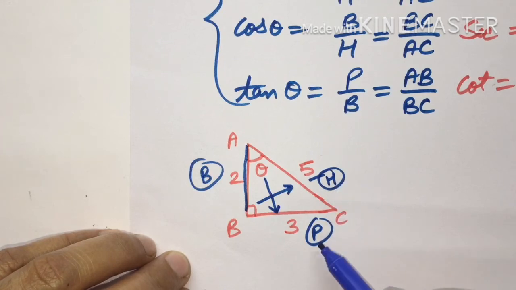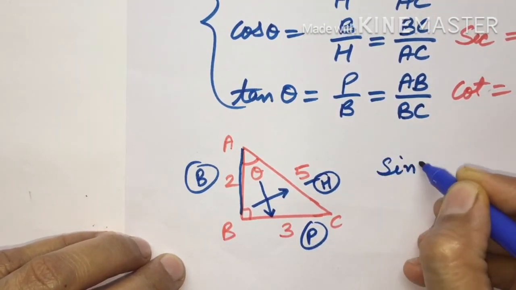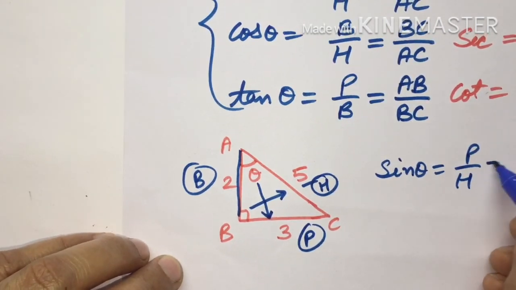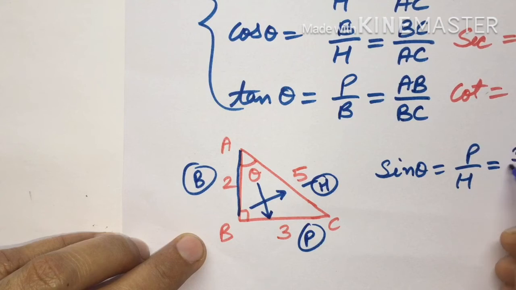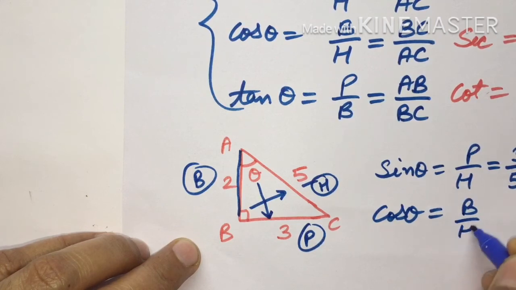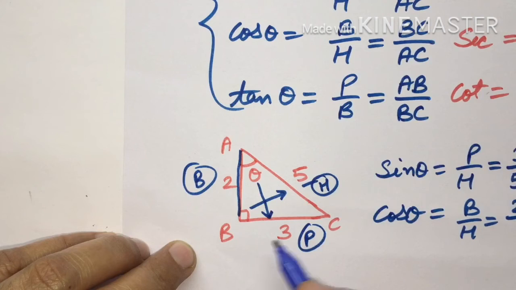So this is H, this is P, this is B. Sine theta is perpendicular upon hypotenuse: perpendicular is 3, hypotenuse is 5. Cos theta is base upon hypotenuse: base is 2 and H is 5.